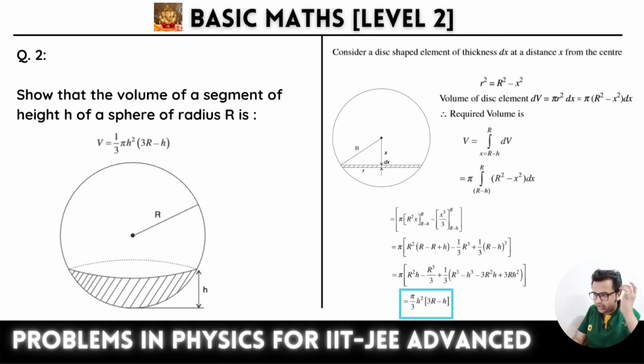So instead of dV, you put pi into R square minus x square dx, and it is a very basic integration. You solve it, and once you solve it, the answer will be the same as the one given in the question.